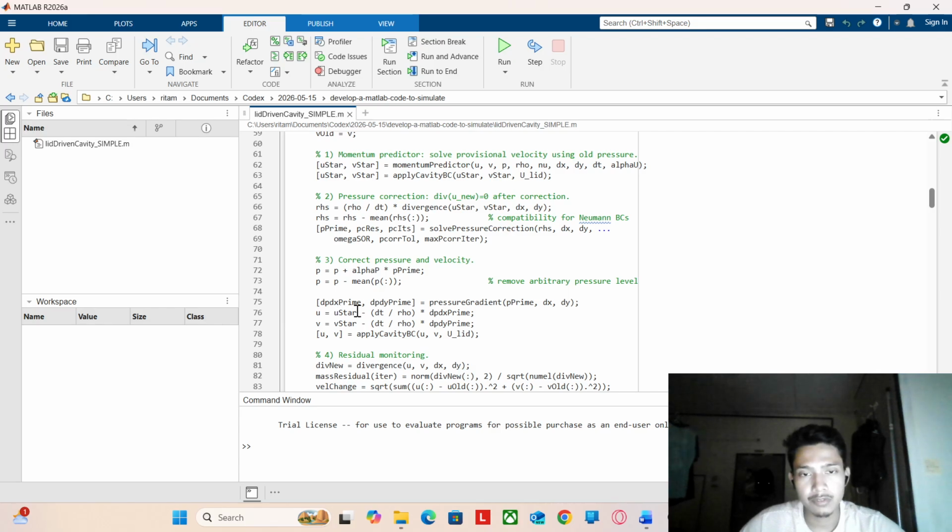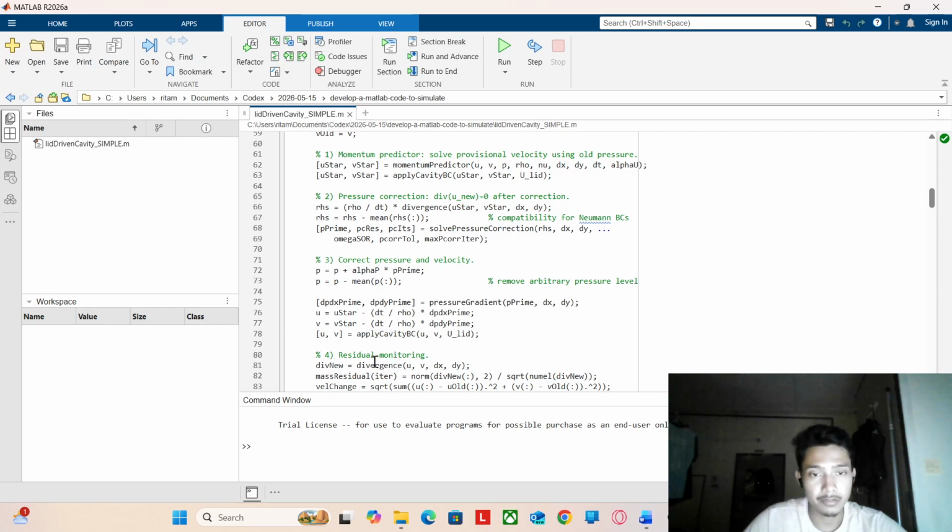U equal to U star minus dt by rho into dp dx prime. V equal to V star minus dt by rho into dp dy prime. U, V equal to apply cavity BC, U, V, U lid. These equations correct velocity to satisfy continuity.